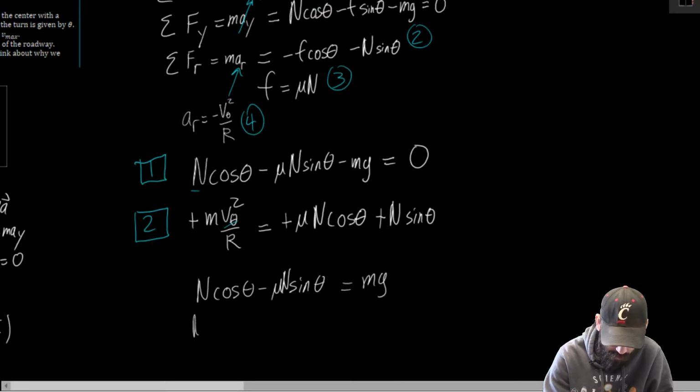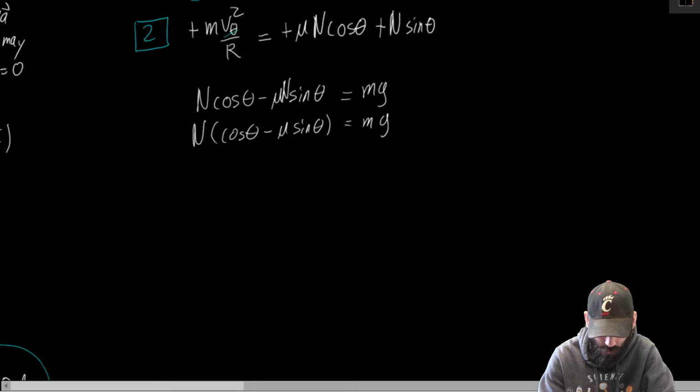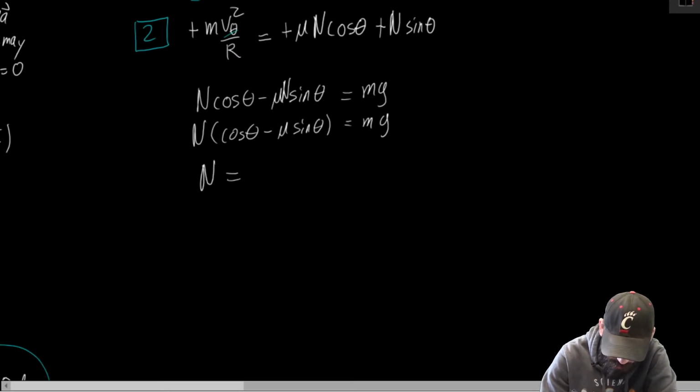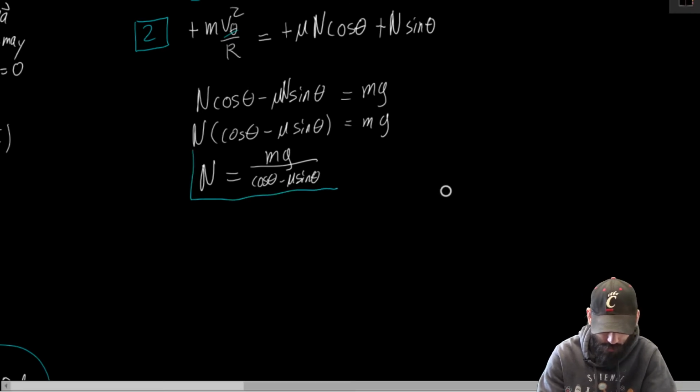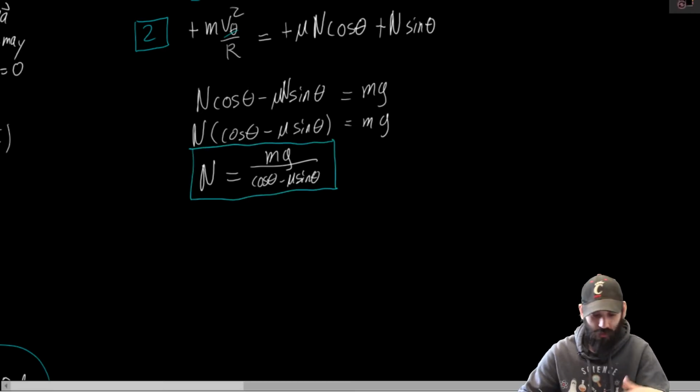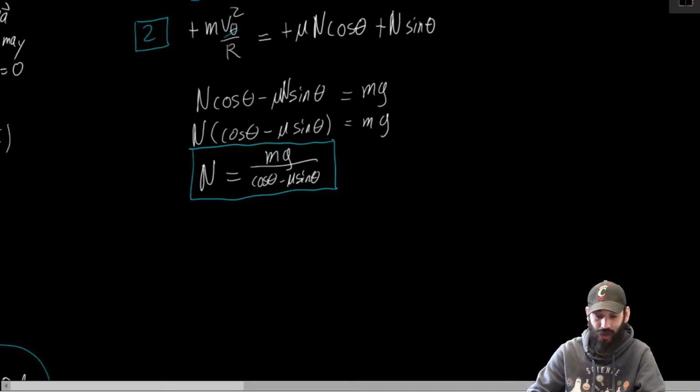We can factor out an n, so n times cosine of theta minus mu sine of theta is equal to mg, or n is going to be equal to mg divided by cosine of theta minus mu sine of theta. Okay? That's important, because now we have what the normal force is in terms of all kind of known quantities. I actually didn't tell you what the mass is, but we're going to see we don't actually need it.